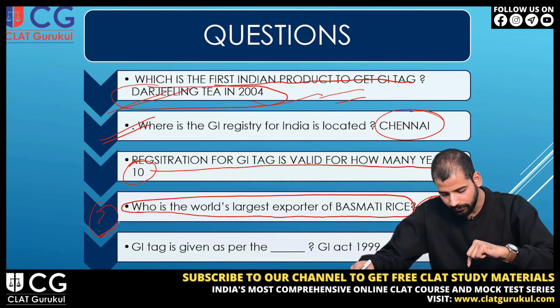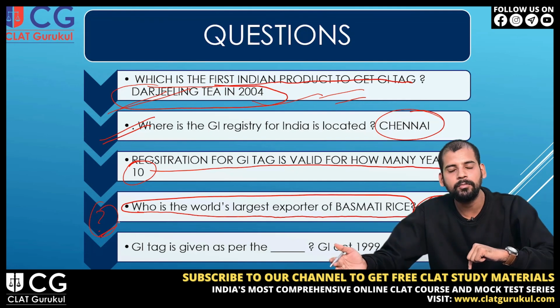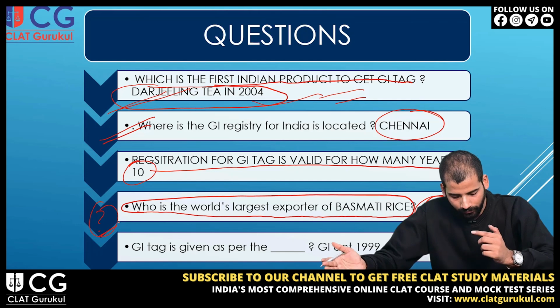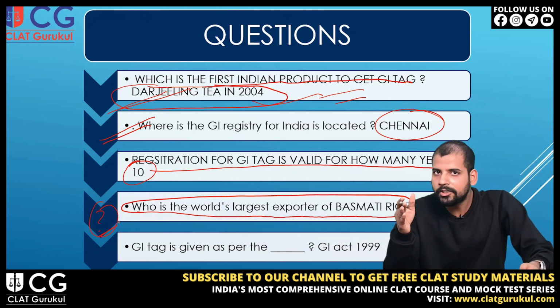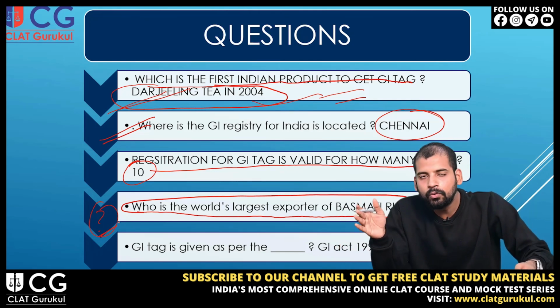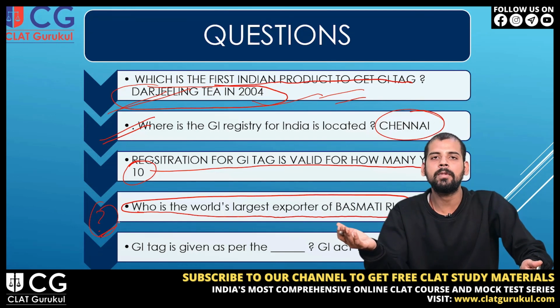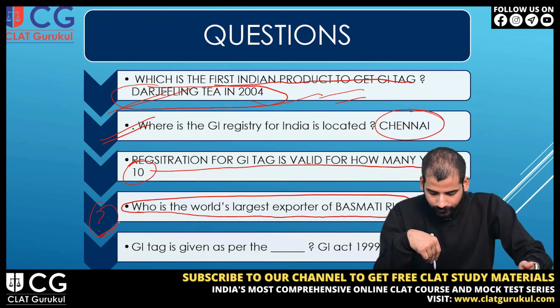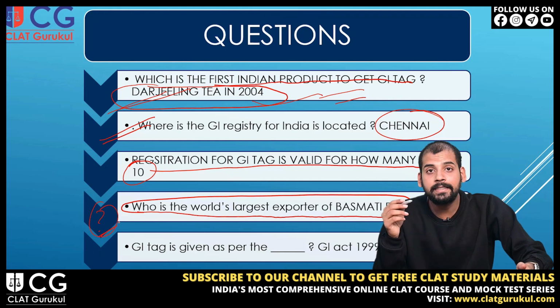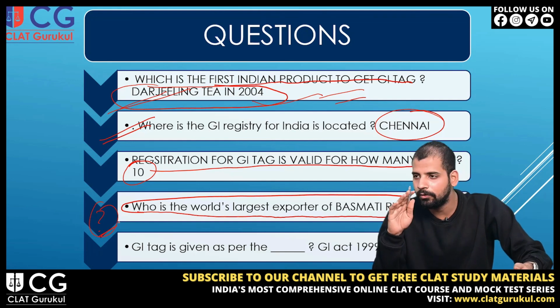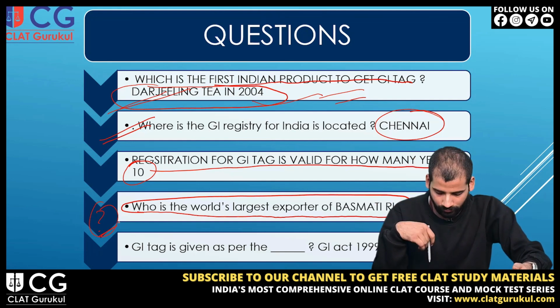So this is a question which can be asked in any kind of exam, be it CLAT or AILET or BLAT, because the dispute is over basmati rice. You'll get this detail in your editorial, but you won't focus much on this thing.